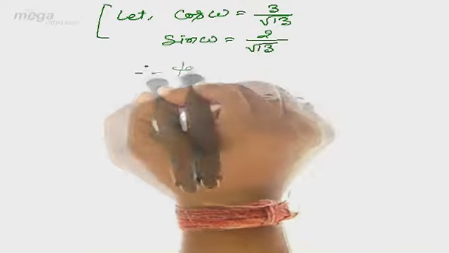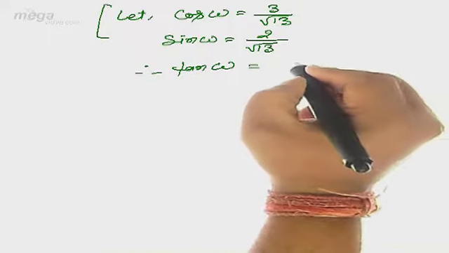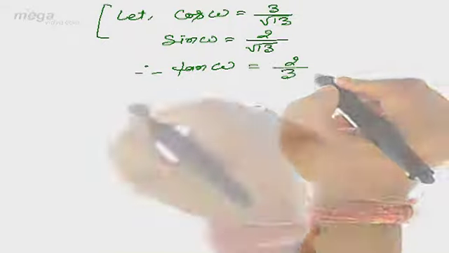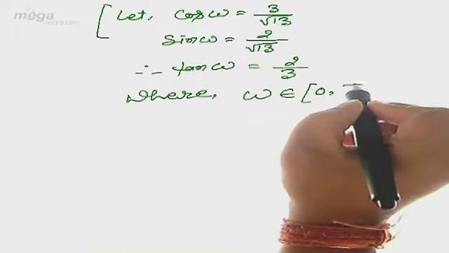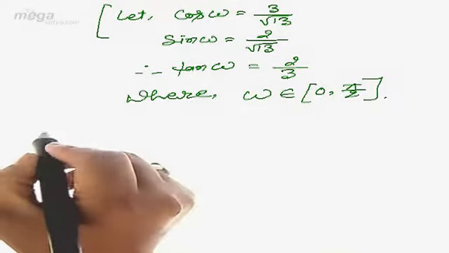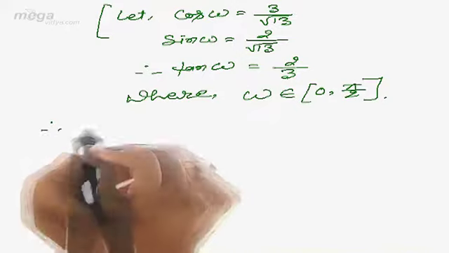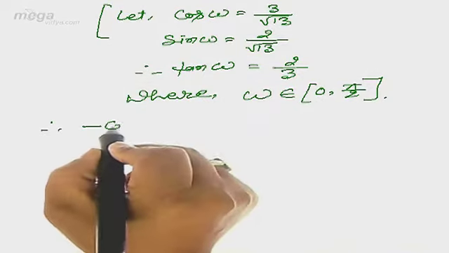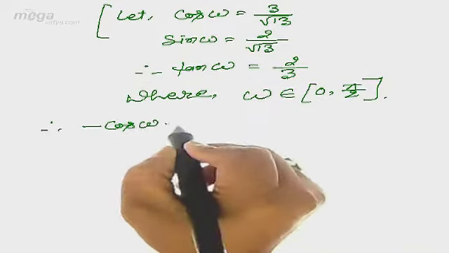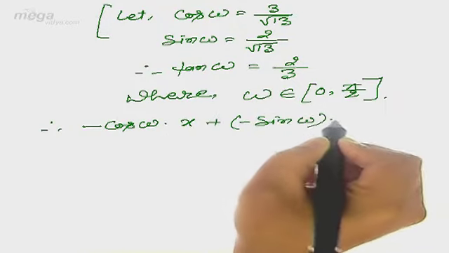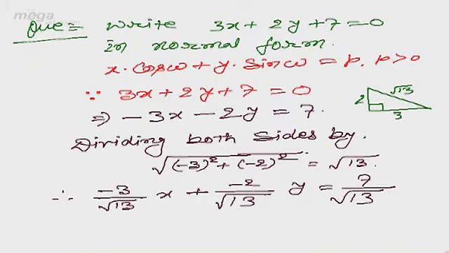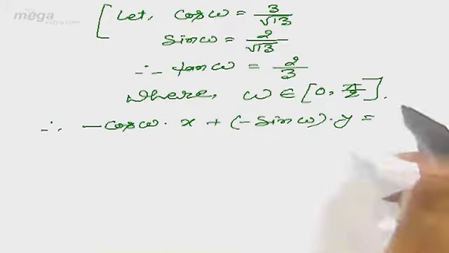So therefore tan omega will be 2 by 3, where omega belongs to 0 to pi by 2. So therefore the equation becomes minus cos omega into x plus minus sine omega into y is equal to 7 upon root 13.